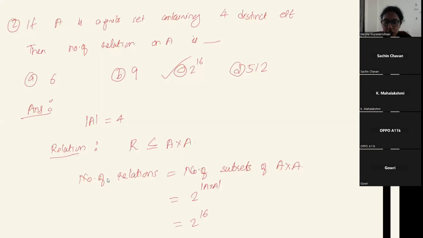So the only thing we need to note is that a relation is a subset of A cross A. So to find the number of relations, it is enough to find the number of subsets of A cross A.